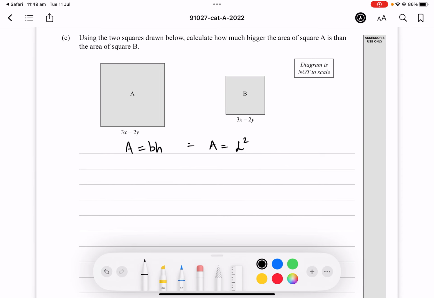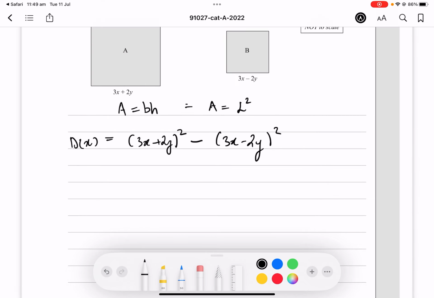So now we know that the expression for the difference, so we say the difference d of x is equal to (3x plus 2y) squared minus (3x minus 2y) squared. That would be the expression for the difference in areas. Let's expand on both of these.